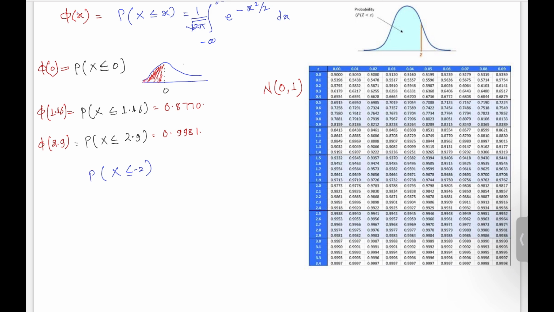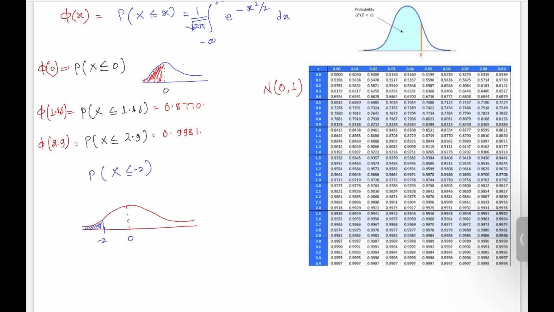So this is the standard normal PDF, right? And we have been asked to find the probability that random variable x is less than -2. That means we are interested in finding this area, right? And this PDF is symmetrical about this point 0.